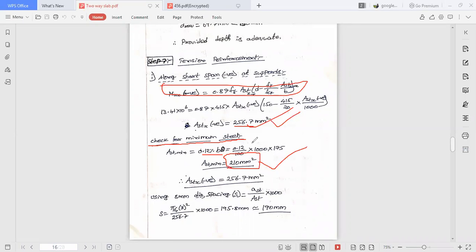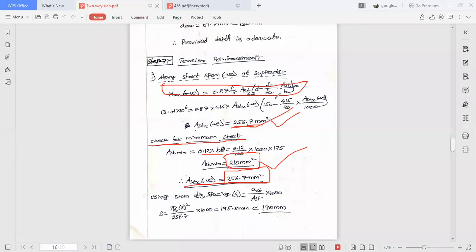Minimum is 210, but we need 256, more than minimum. Hence, we have to provide a reinforcement of 256.7 mm square. Remember this logic. We will get a different logic in the next case. Now, the Ast x negative reinforcement is finalized as 256.7 mm square.